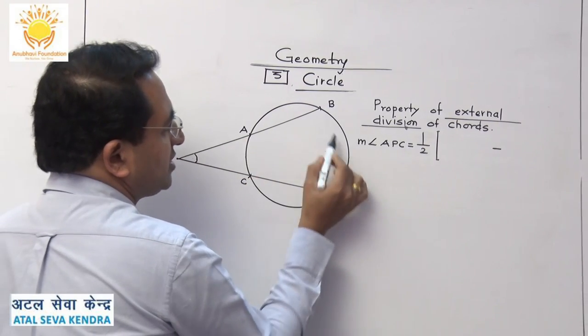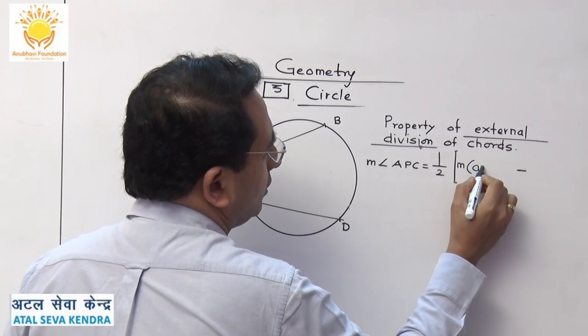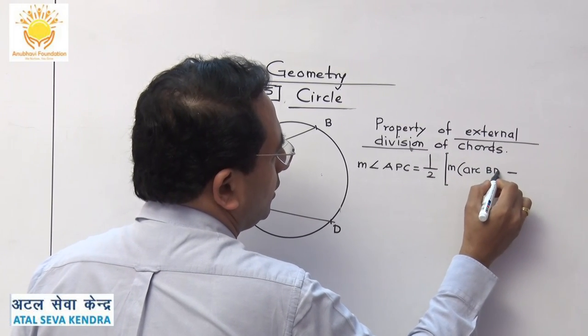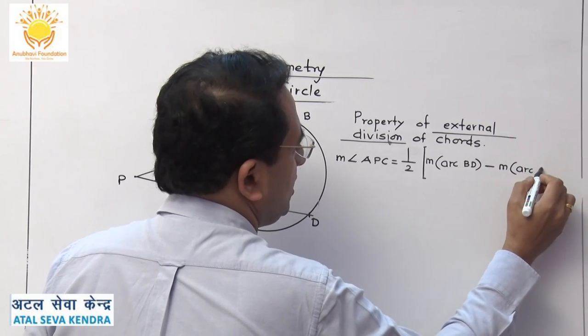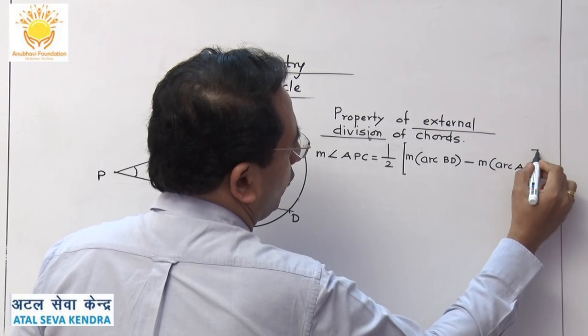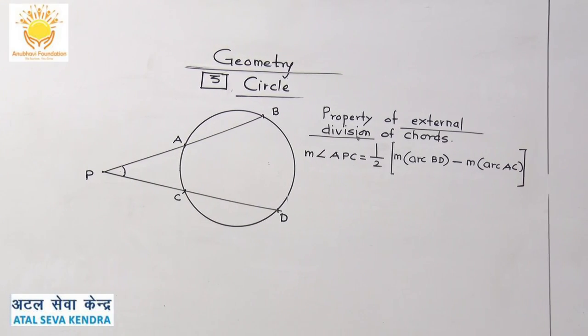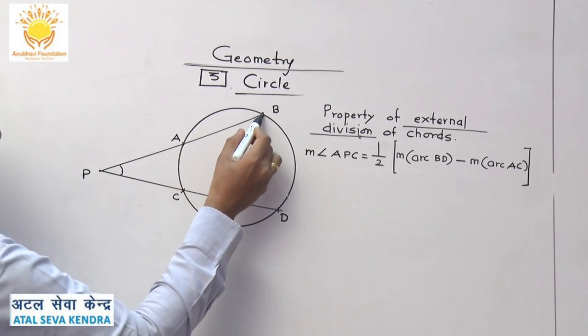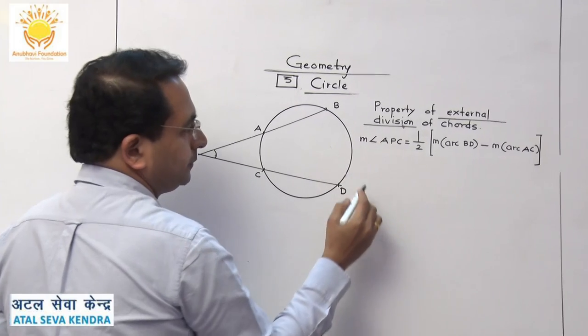So out of this, the bigger arc you have to write first, that is major arc BD minus major arc AC. Remember this property properly. The angle formed, which is because of the external division of chords, that will be calculated by using this formula.